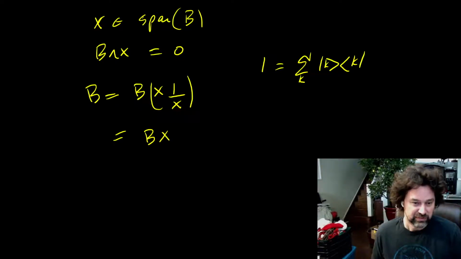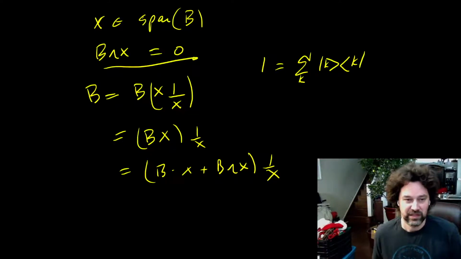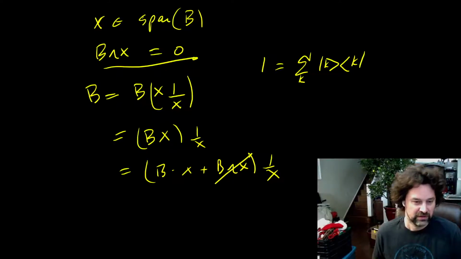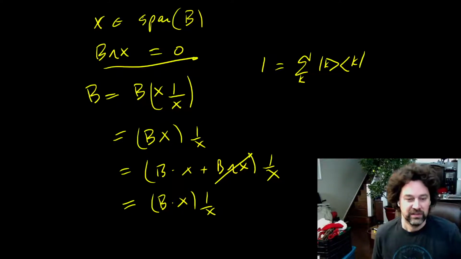We can write this as bx times 1 over x, which is b dotted with x plus b wedged with x, times 1 over x. But we've declared that b wedge x is 0, so we have now found a vector b dot x times another vector 1 over x as factors of the bivector b.